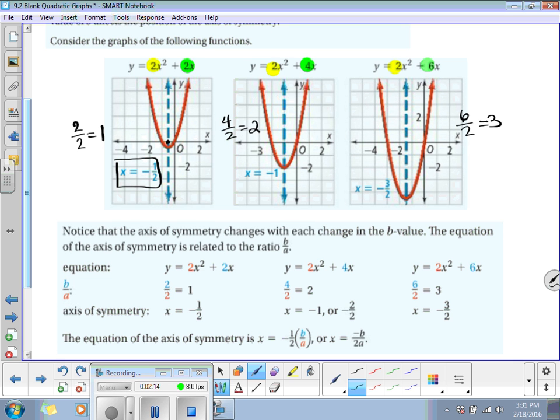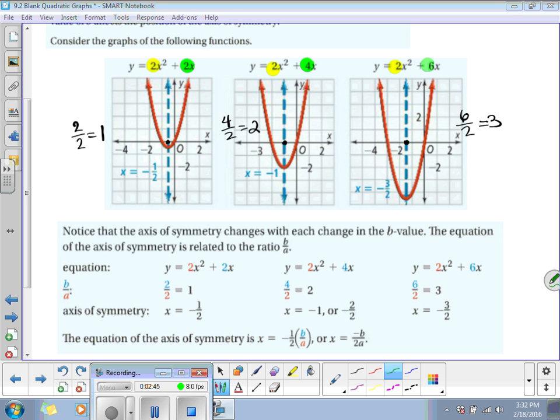The second one, the axis of symmetry, is at x is equal to negative 1. And the third picture here, the axis of symmetry is at negative 1.5 or negative 3/2. So for each of those, the axis of symmetry is x is equal to negative 1/2, x is equal to negative 1, x is equal to negative 3/2.